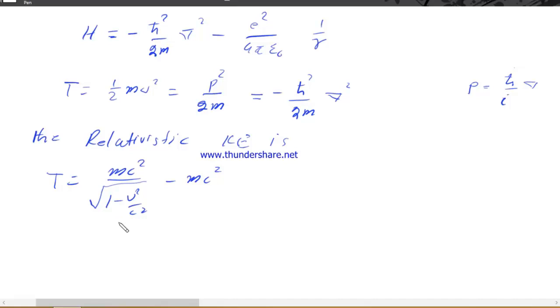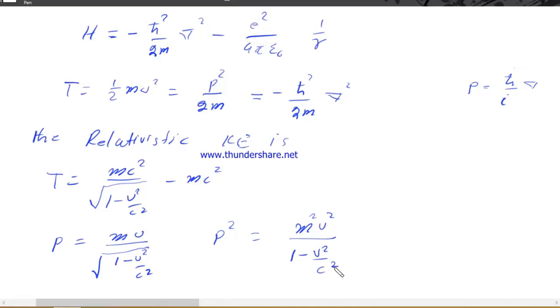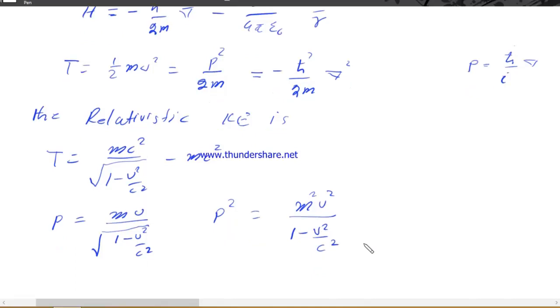The relativistic momentum is p equals mv divided by the square root of 1 minus v² divided by c². Squaring both sides, p² is equal to m²v² divided by 1 minus v² divided by c².